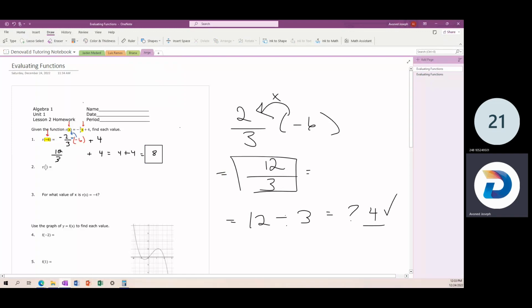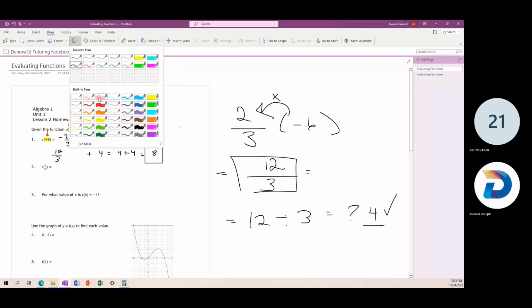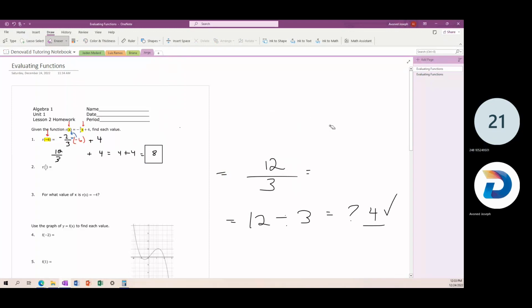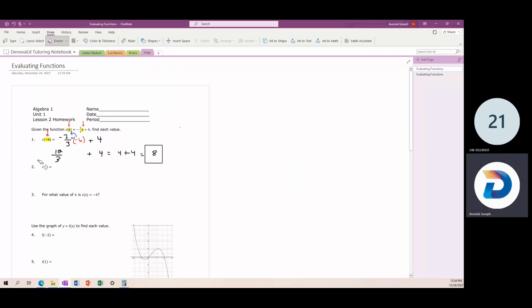All right, let's try the second one. Now we have 1/2. So the same thing we did with -6, we do with 1/2. We'll put that in for x. So let's write it out over here: -2 over 3 times what? We said 1/2, right?